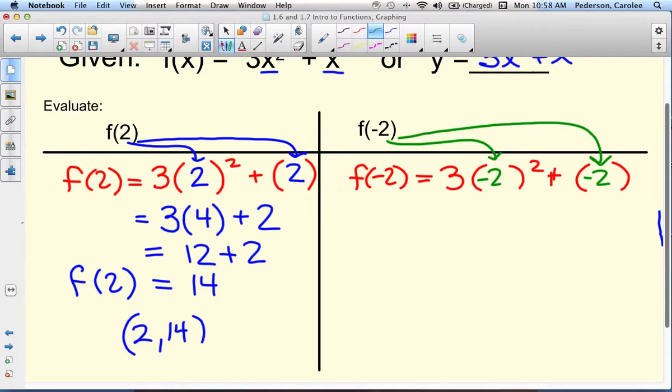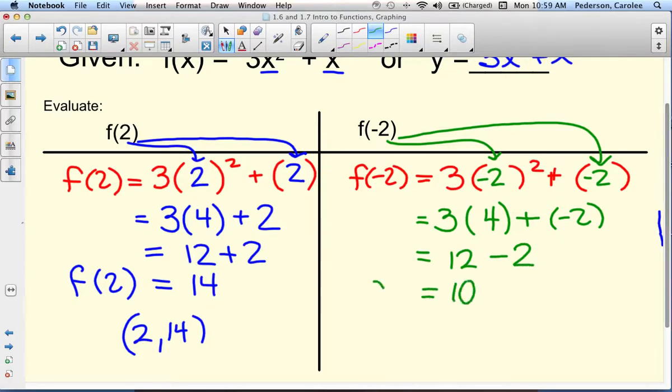Negative 2 times negative 2 is 4. And then 3 times 4 is 12. Plus negative 2 becomes minus 2. And then 12 minus 2 is 10. So f of negative 2 is 10. As an ordered pair, it would be (negative 2, 10).